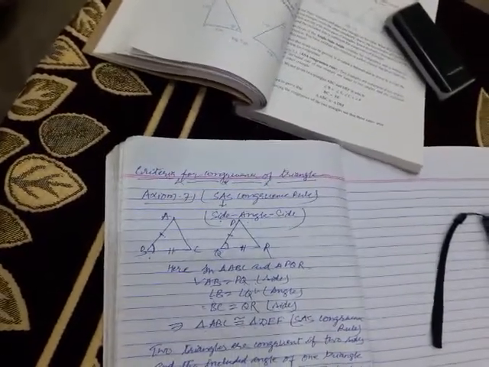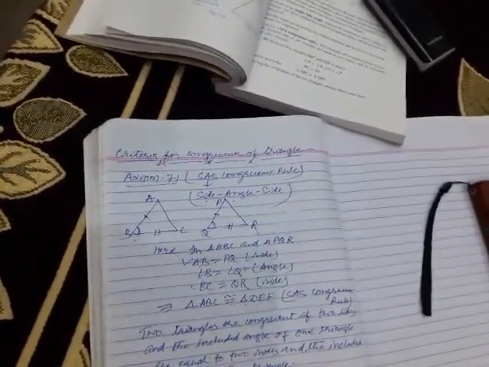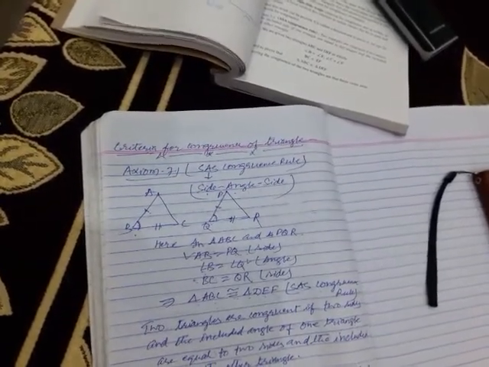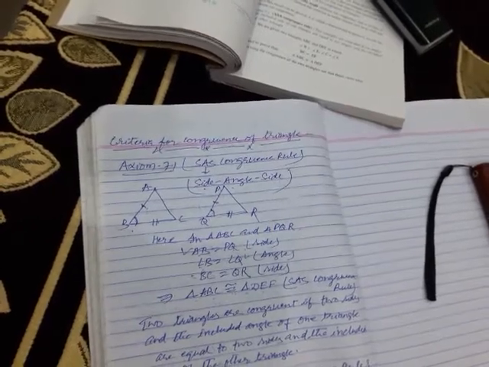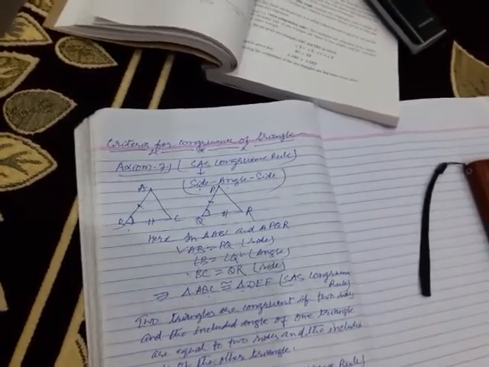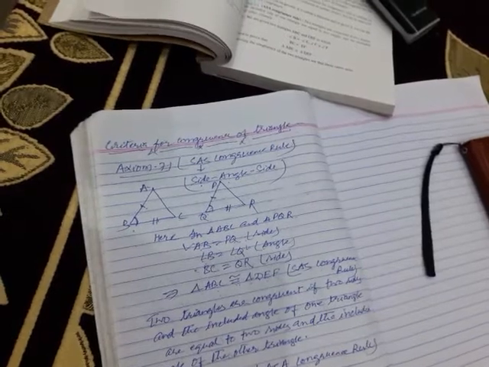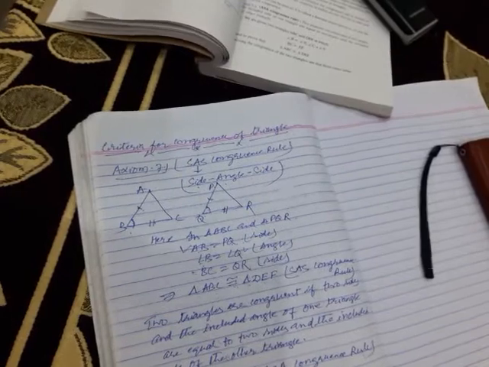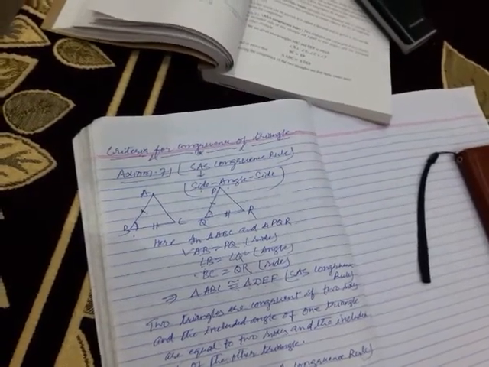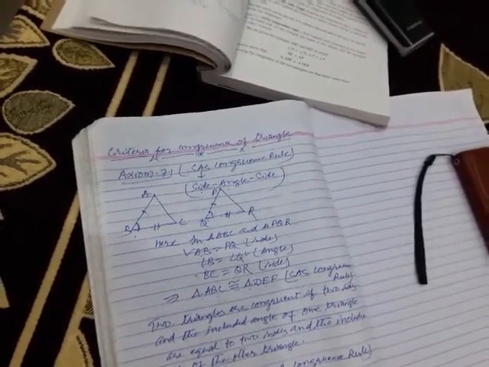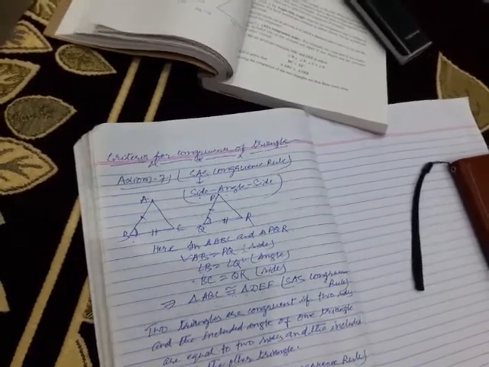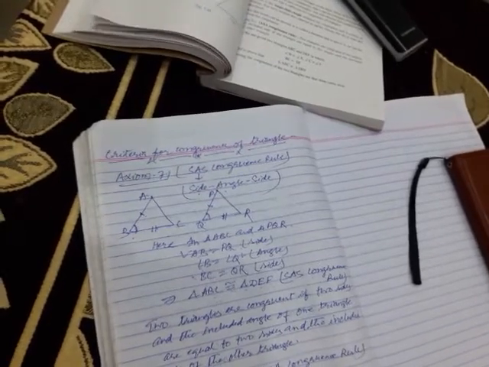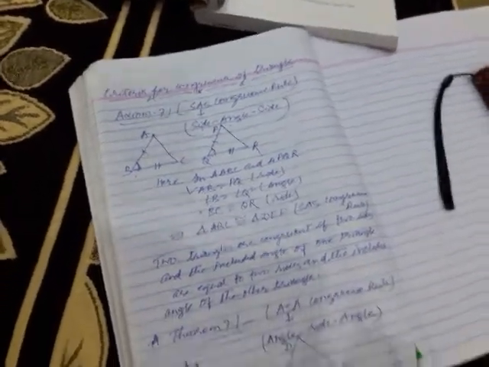ASA congruence rule. What does ASA stand for? Angle, side and angle. If two triangles are there, children, in this way, clear, let it be A, B, C, and another triangle, let it be D, E, F. Then what happens?